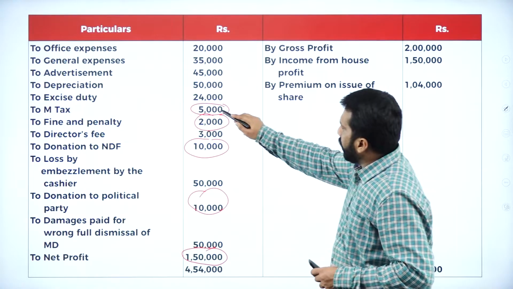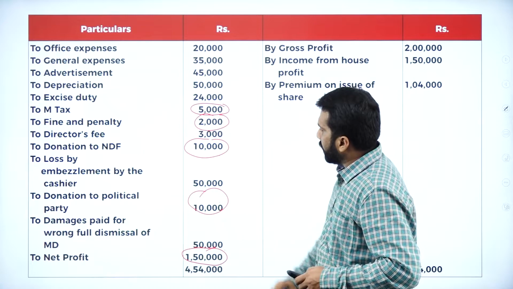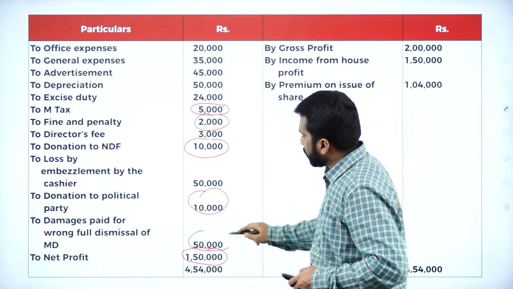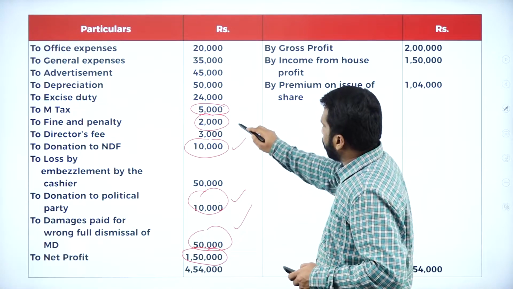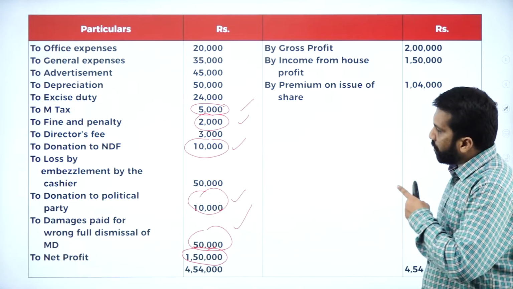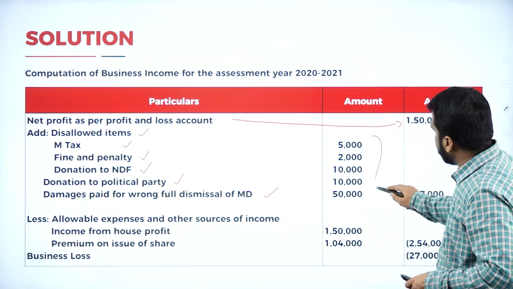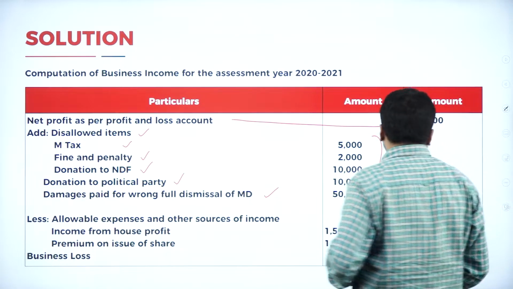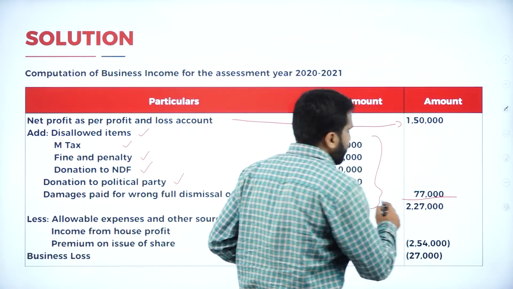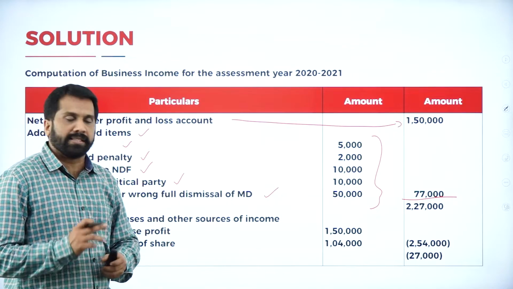One more I missed, I think. Damages, yes. So 1, 2, 3, 4, 5 I have considered because these are not directly related to business. I have added all these things. So the total is 2,27,000.